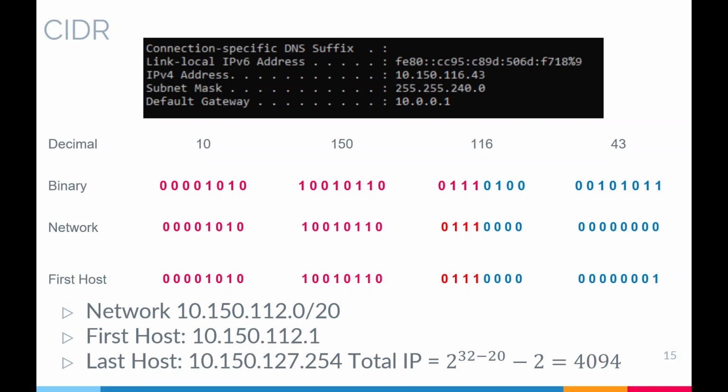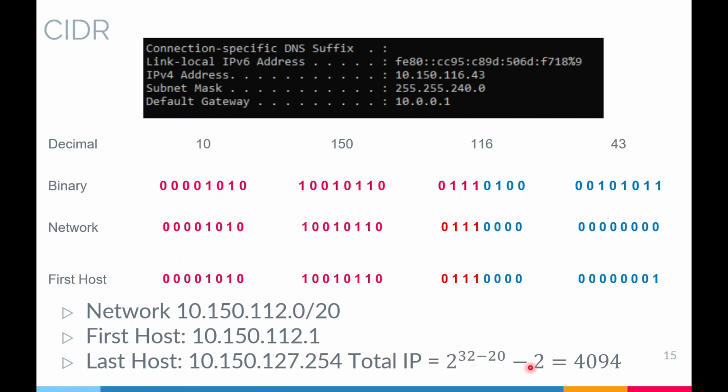Now, if you are supposed to calculate the total IP addresses, just use this formula: 2 to the power 32 minus the CIDR notation, which was 20 in our case, minus 2. The reason we are subtracting this 2 is because the first IP is reserved for the network and the last IP, which is 255, is reserved for the broadcast address.